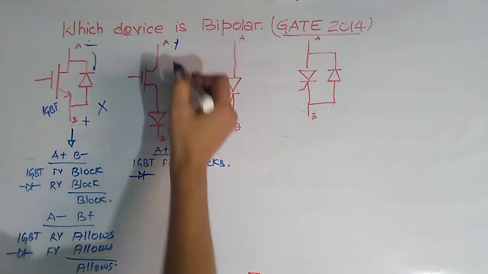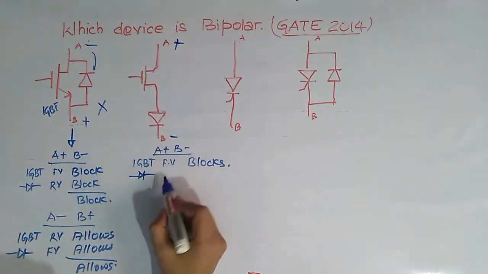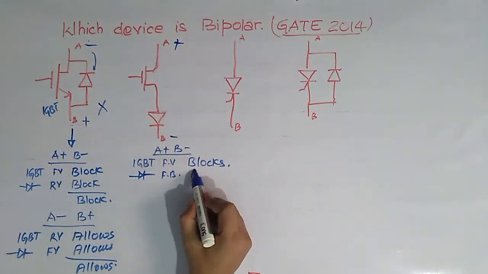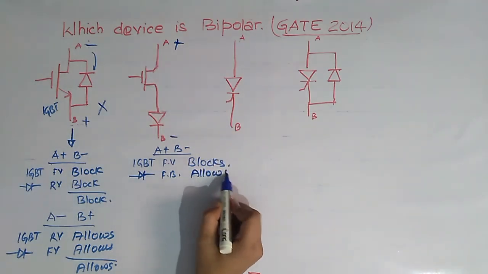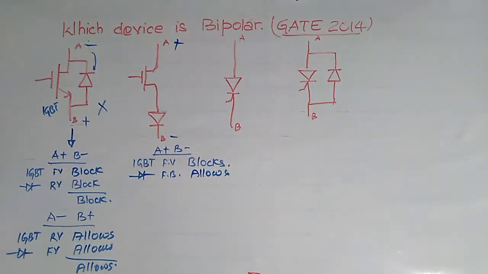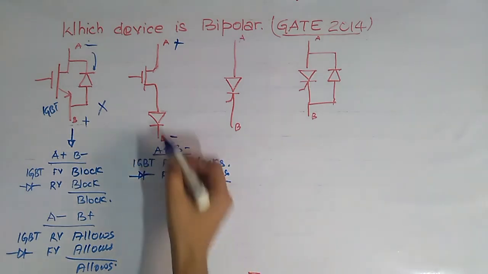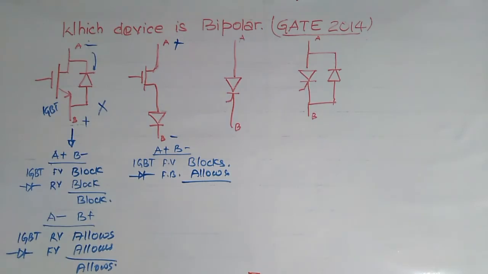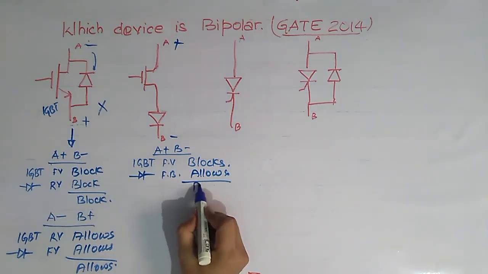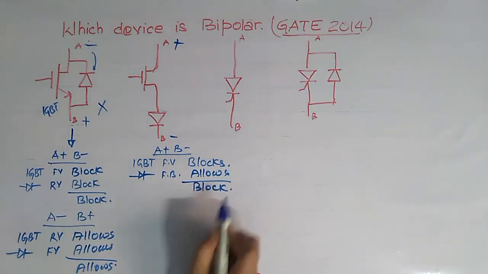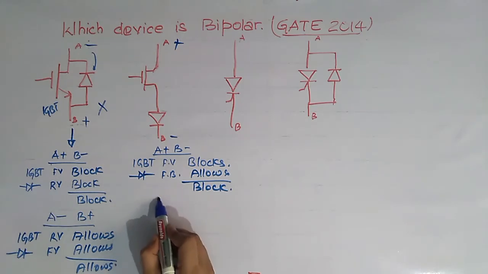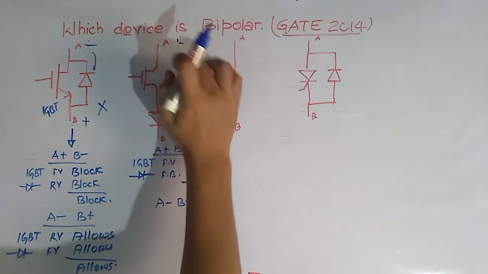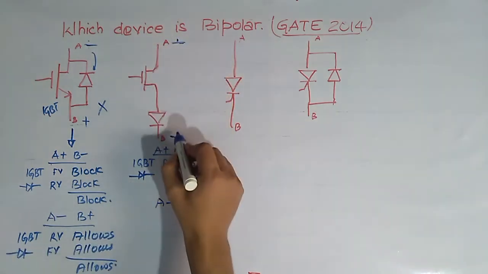When A is positive and B is negative, then diode gets forward bias, and diode allows the forward voltage. Okay. So overall, as both the devices, that is IGBT and this diode, are in series, we can say that it will block this polarity of voltage. While in case A is negative and B is positive, then what happens?